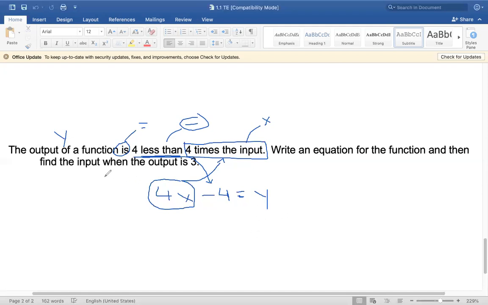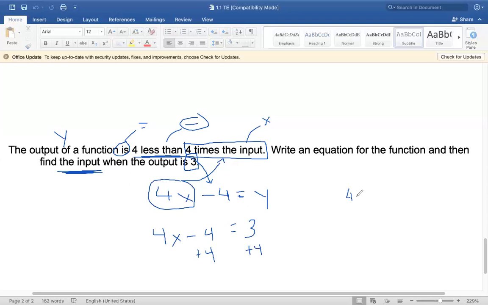Now the question is, same thing. Find the input. I want to find x when the output is 3. Okay. So again, output represents my y. So I'm going to put a 3 in here. And then 4x minus 4. Now I'm solving this, so I can add 4 on both sides.